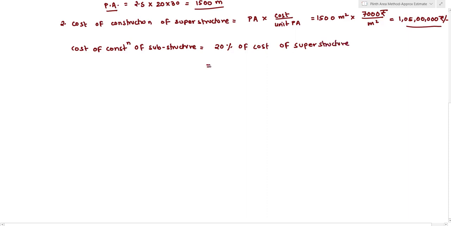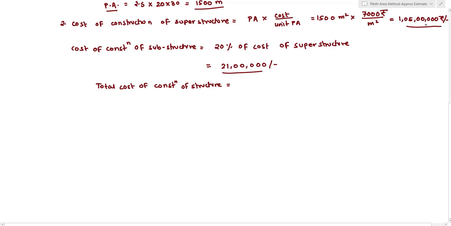So this 20% of 1 crore 5 lakh rupees will work out to be 21 lakh rupees. Okay, so this much of amount is required for cost of construction of a substructure. So total cost of construction of a structure will be cost of construction of a superstructure plus cost of construction of a substructure.